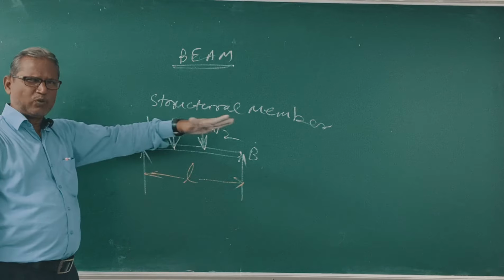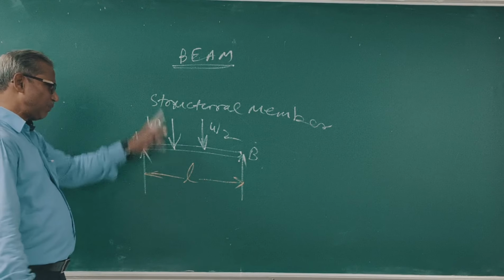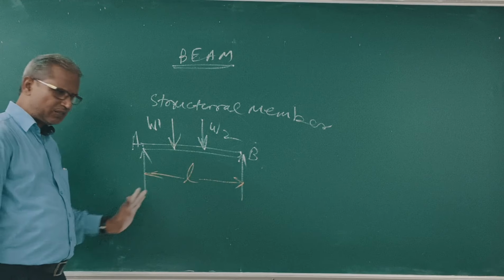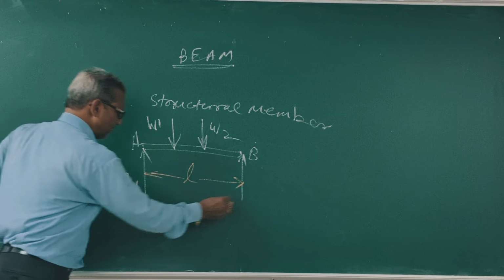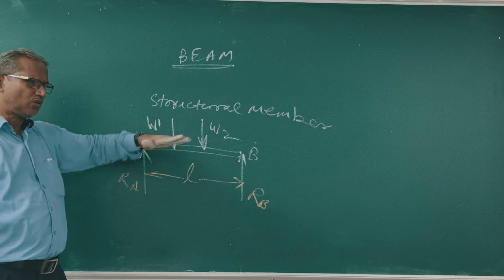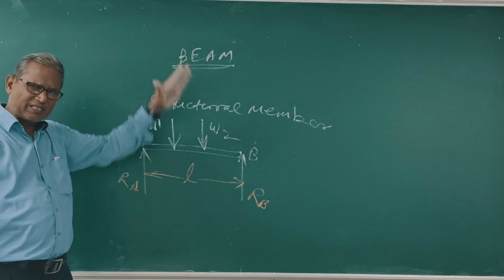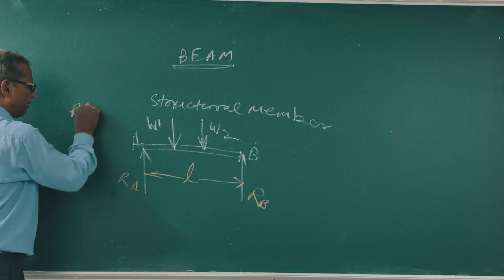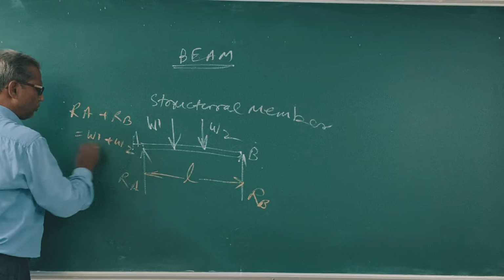So, to keep the beam in equilibrium, the reactions are developed by the supports. These are action forces, I told you last class. This is the reaction force RA, and RB. Clear? To keep the beam in equilibrium, the action and reaction must be equal and opposite to each other. That means RA plus RB is equal to W1 plus W2.